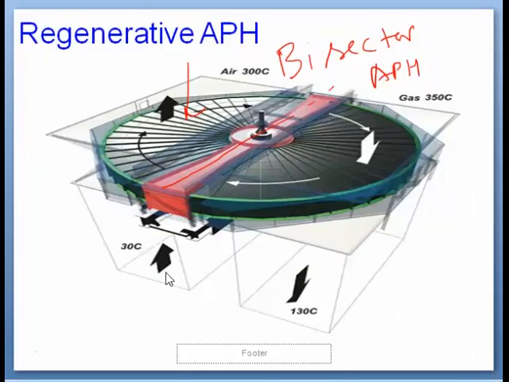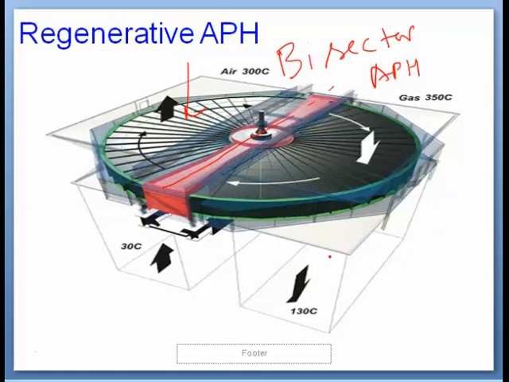So here you can see the atmospheric air at a temperature of 30 degrees centigrade is introduced in this air preheater, and the flue gas at a temperature of 350 degrees centigrade, as we had seen earlier, comes across this segment where this storage medium absorbs the heat, and this flue gas loses its heat to this storage media.